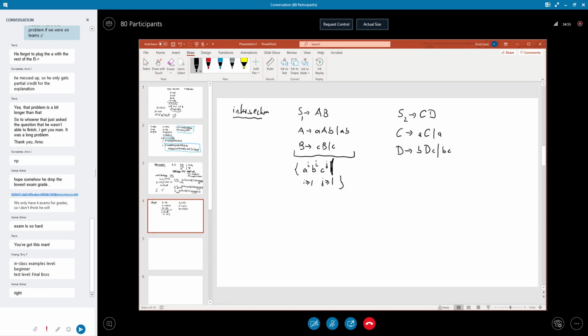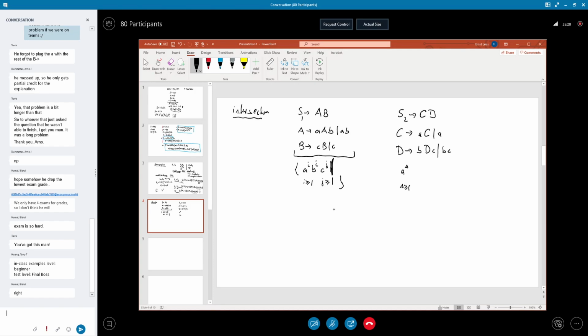So you can see that this is very similar to that first grammar, except of course now the capital C generates a bunch of A's, one or more. And then the capital D generates a bunch of little b's, followed by exactly the same number of C's.